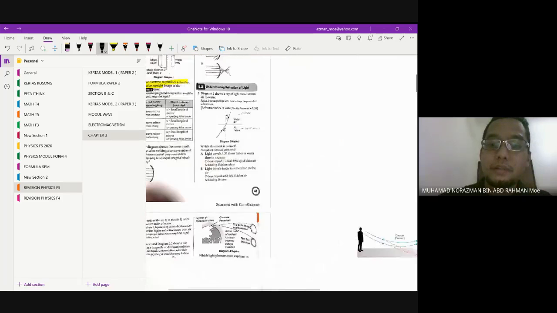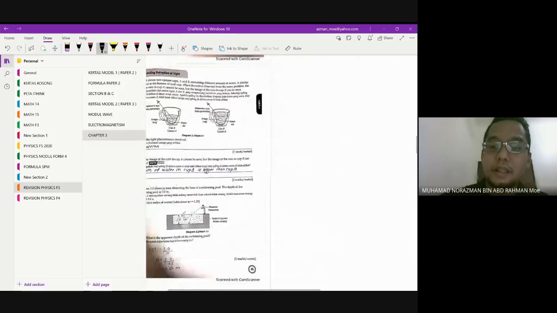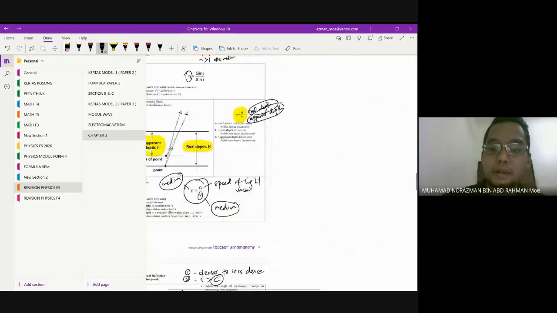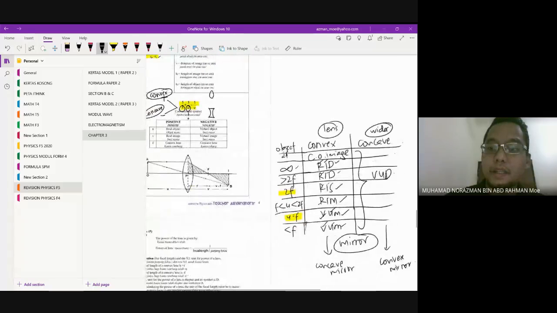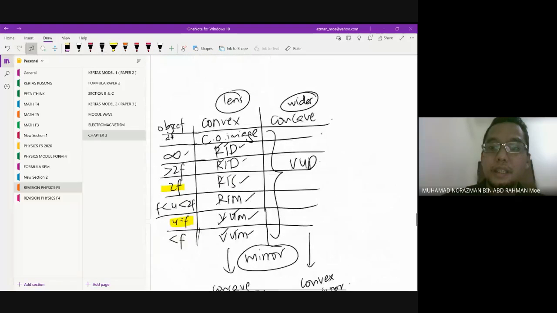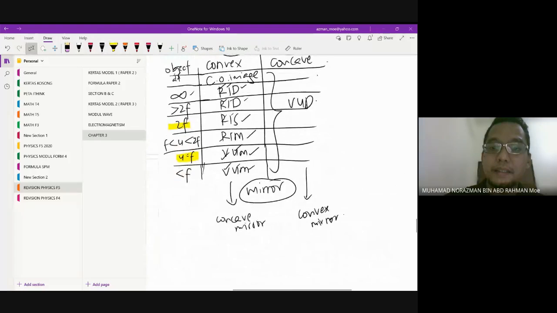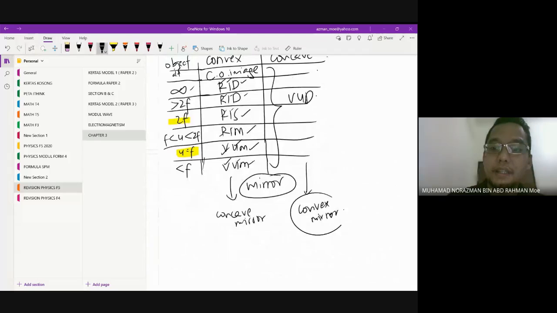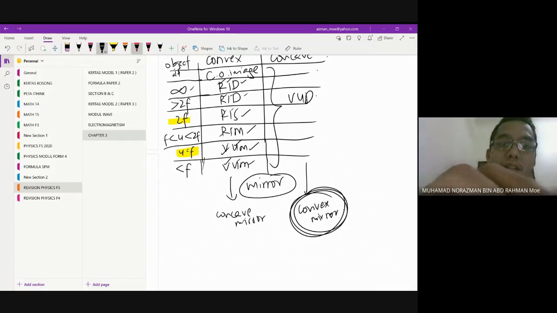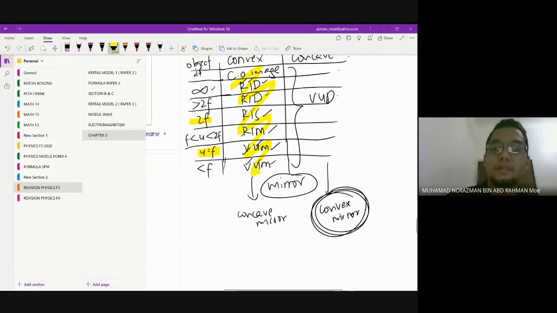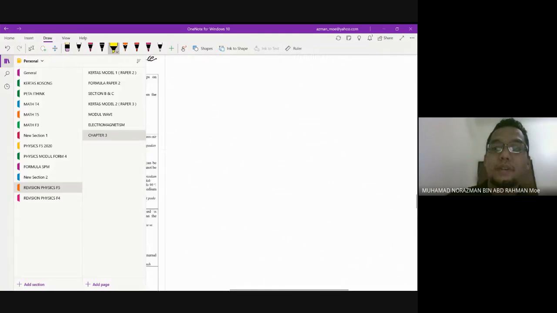Kalau kita remember balik table yang kita dah ingat tadi, kalau kita ingat dalam kepala dia dah berjawab dah. Ni. So diminish only for mirror kan? Kalau diminish mirror is convex. Okay. Dalam ni tak ada langsung diminish. Diminish kalau for mirror is convex mirror.